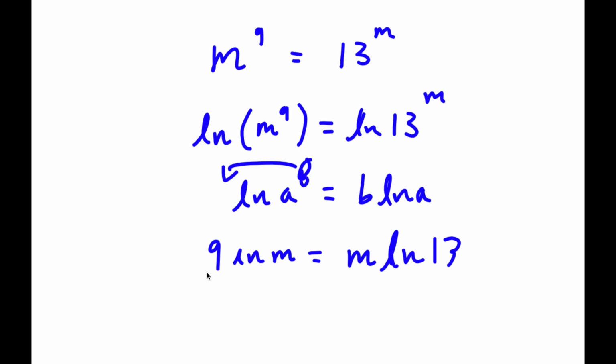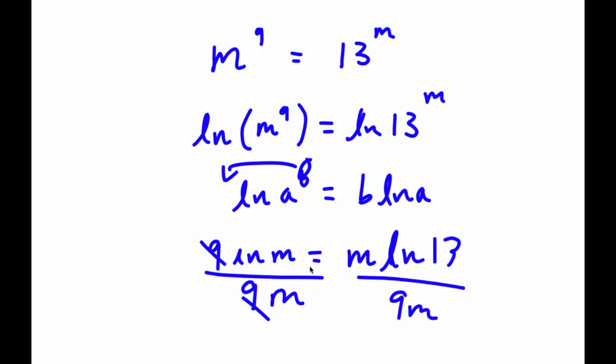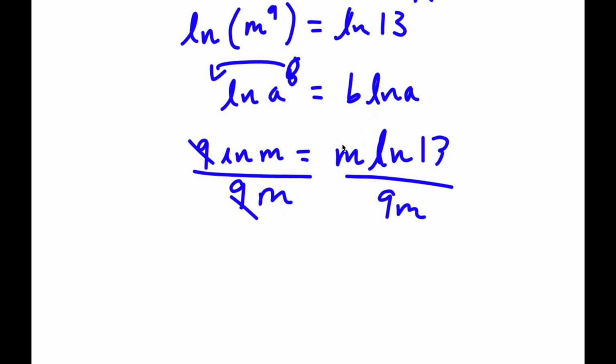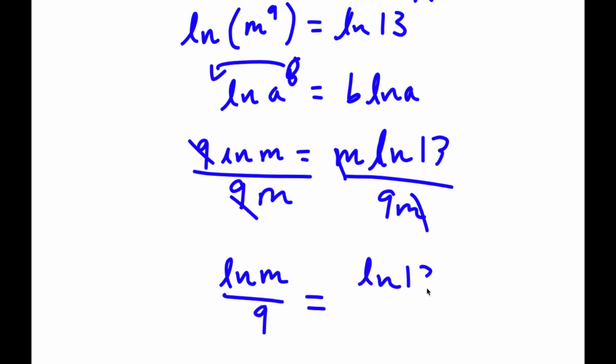Now, if I divide both sides by 9m, these two cancel out, and these two cancel out. So now I have ln m over m is equal to ln 13 over 9.